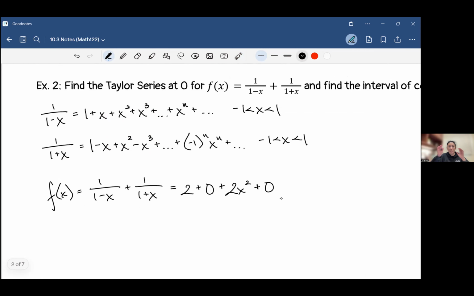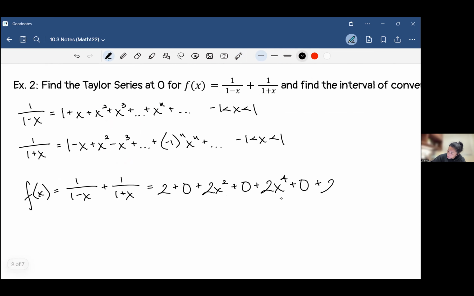Okay, so it seems to me what's happening here is we're skipping powers, like all the odd powers are zeroing out, but all the even powers, now there's twice as many of them, right? X squared, now there's 2 of them, but x to the third, gone. I bet there's going to be 2 of the x to the fourth, and the x to the fifth is going to be gone.